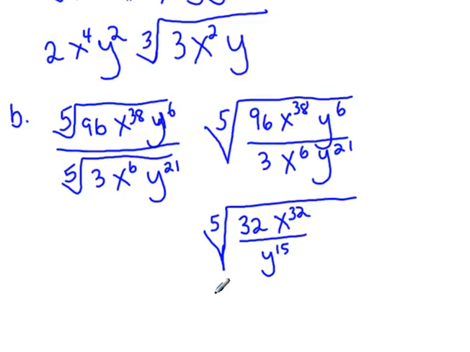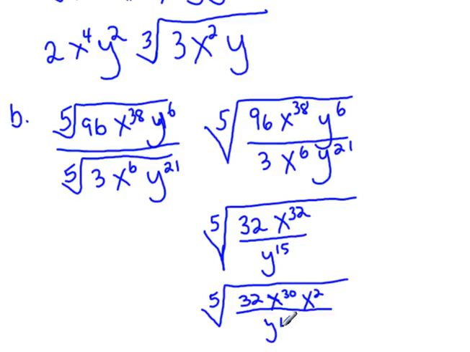So I'm going to make that x to the 30 x squared. The rule, to make this easier, you take this number and find the closest multiple of 5 to 32. That's 30, and then the leftovers. Of course, 15 is divisible by 5, so I can leave that, y to the 15th.